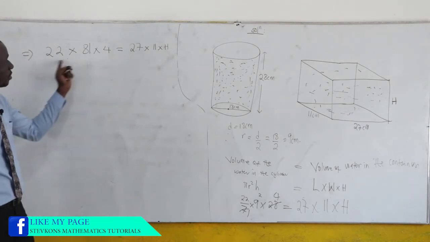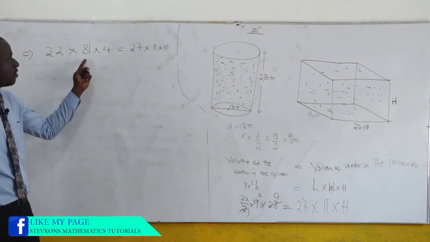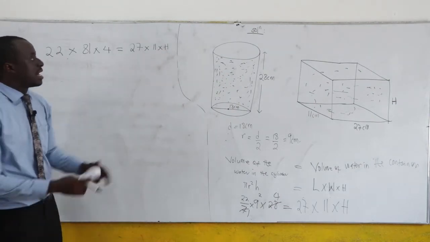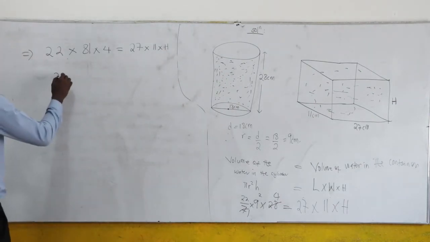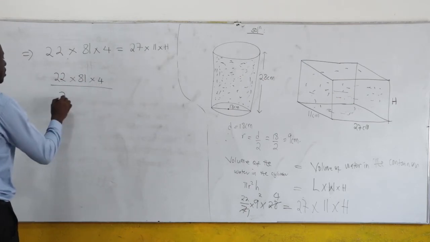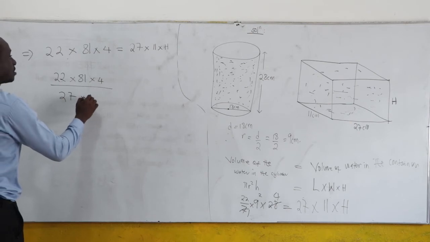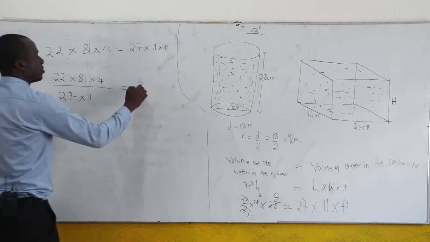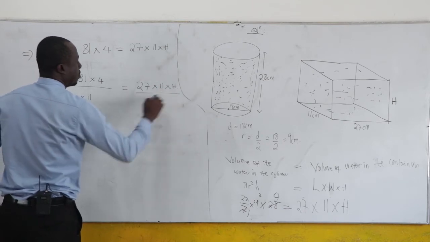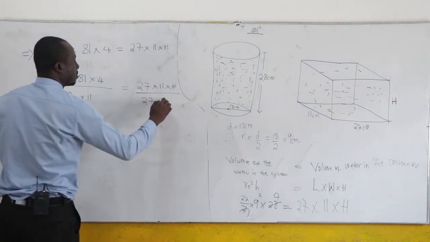If you multiply, you'll be getting a huge value. Don't multiply, divide so that we can get our height. So here we have 22 times 81 times 4 all over 27 times 11, equal to 27 times 11 times h, all over 27 times 11.